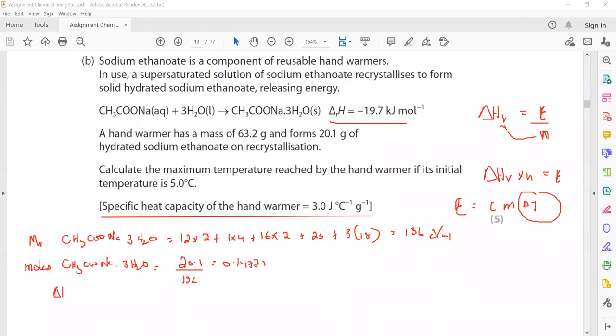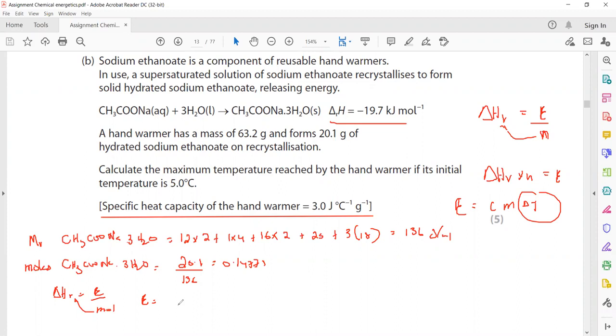And we know enthalpy change is equal to energy divided by mole. So we'll multiply the moles by the enthalpy change to get the energy released. The reaction is exothermic, but we are taking a positive number here for calculation, which is 19.7 kilojoule per mole, but we need energy in joules. When we use this formula, our answer will be in joule, then later we convert.